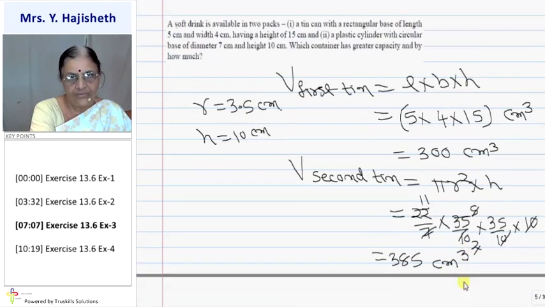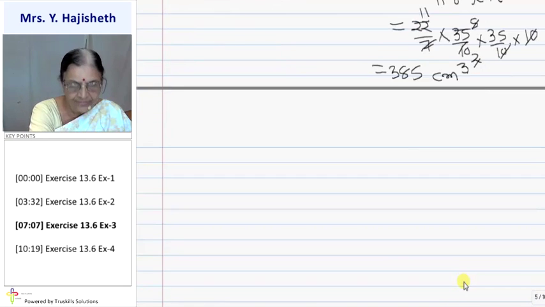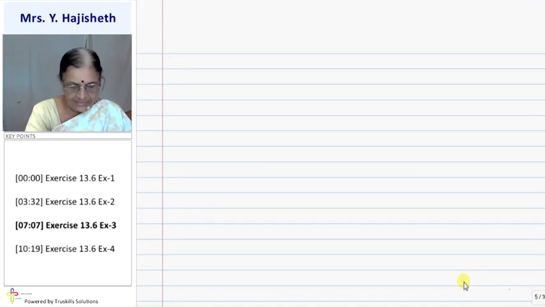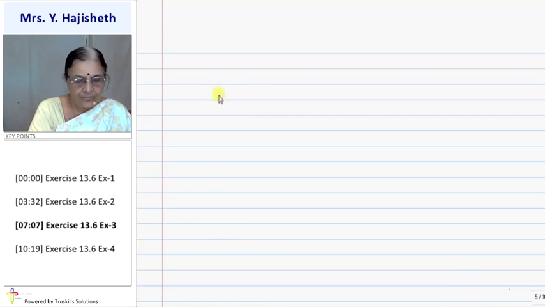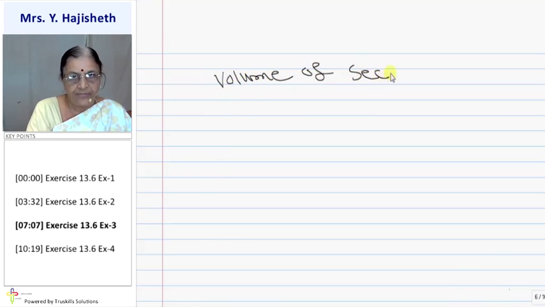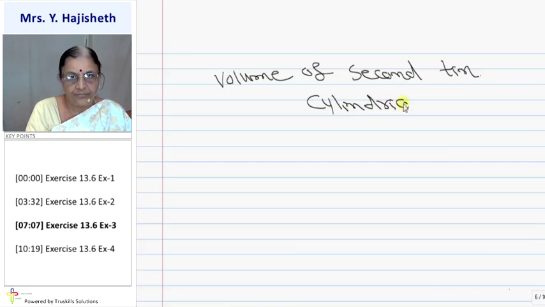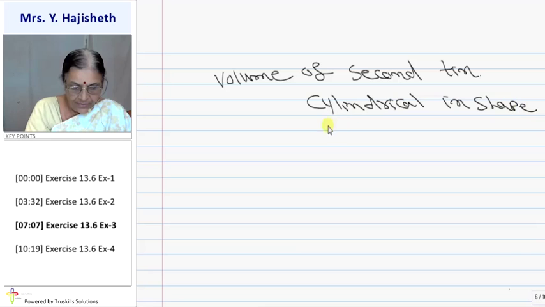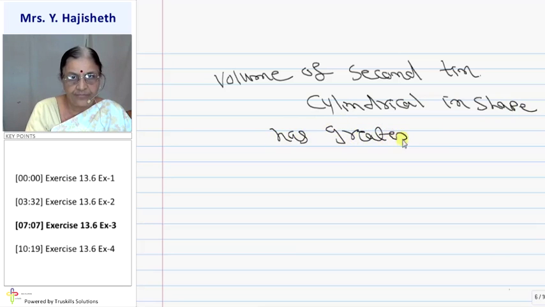So volume of second container is greater than, having greater capacity than first one. Okay. Volume of second tin, cylindrical in shape, has greater capacity.